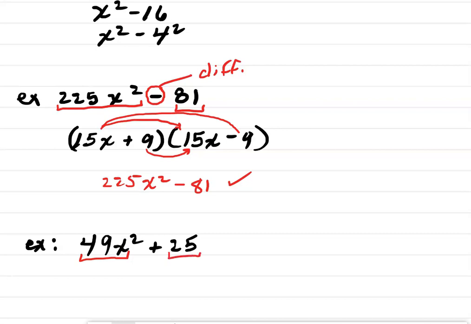The last term, 5 times 5. But if you'll notice, we have a plus sign here. And remember, it's supposed to be the difference. It should be a subtraction sign. So this would not be an example of a difference of two squares. Prime over integers.